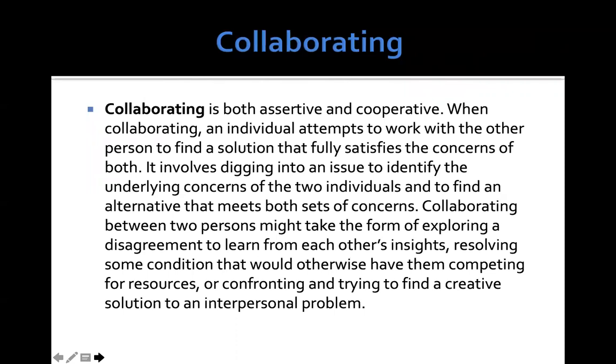Collaborating between two persons might take the form of exploring a disagreement to learn from each other's insights, resolving some condition that would otherwise have them competing for resources, or confronting and trying to find a creative solution to an interpersonal problem.